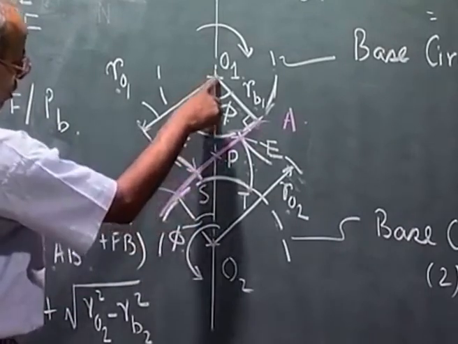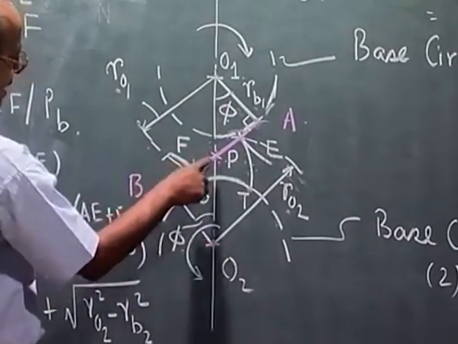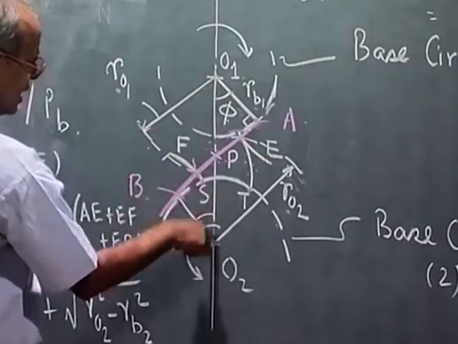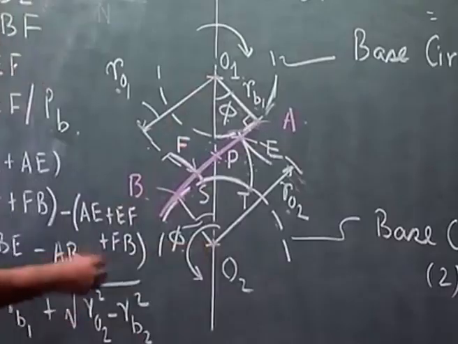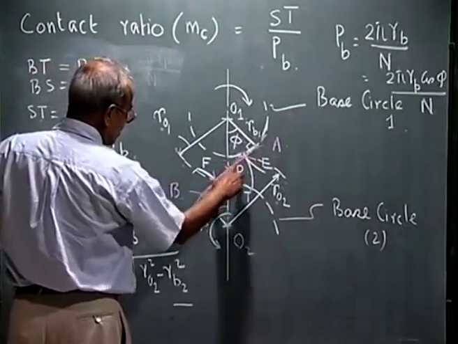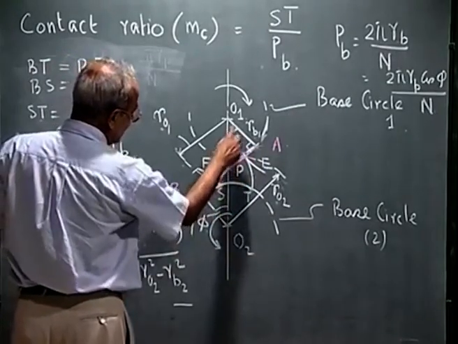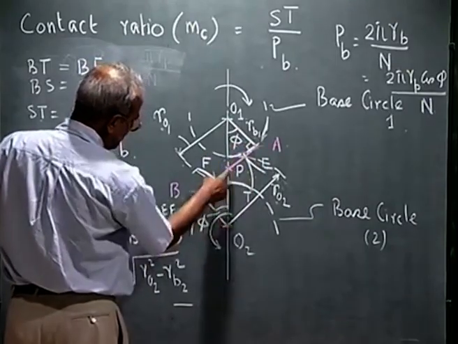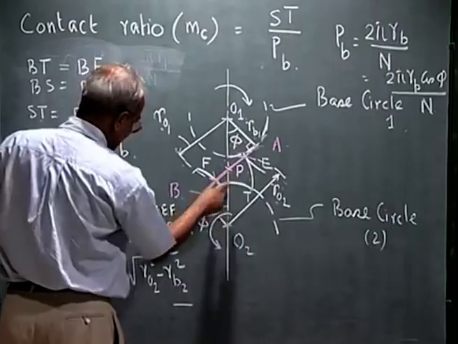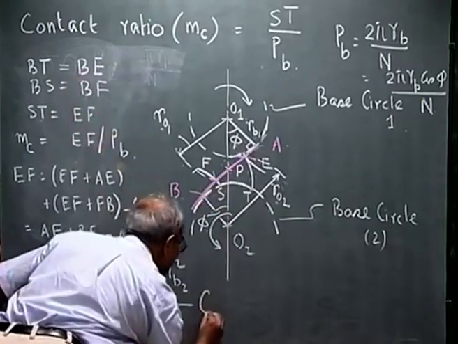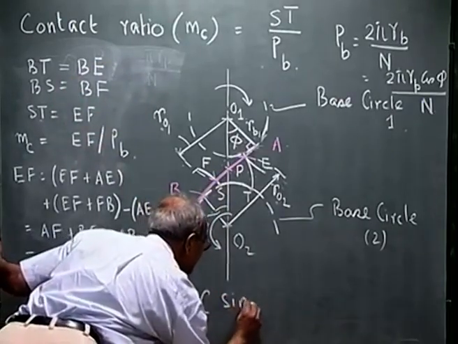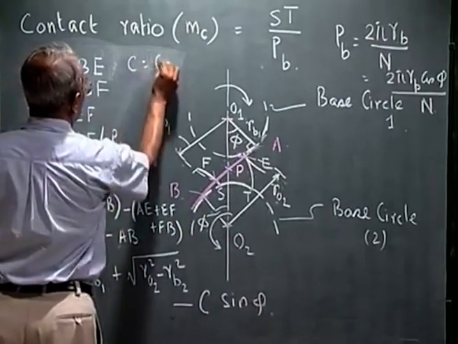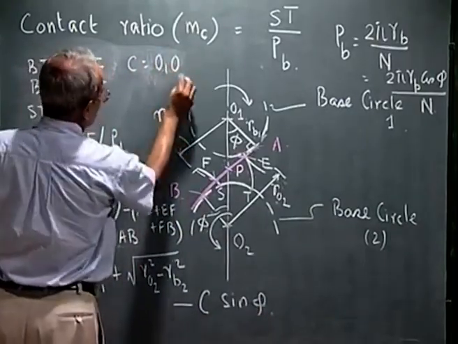So, O1O2 sin phi will give me AB. O1P plus O2P is O1O2, that is the center distance, and AP plus BP is AB. If you take sin phi, O1P sin phi gives you AP, O2P sin phi gives you BP. So, this is the center distance, which I write as C sin phi, where C is O1O2.